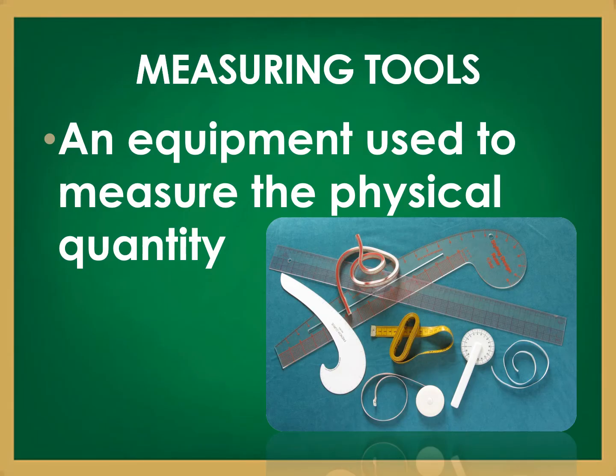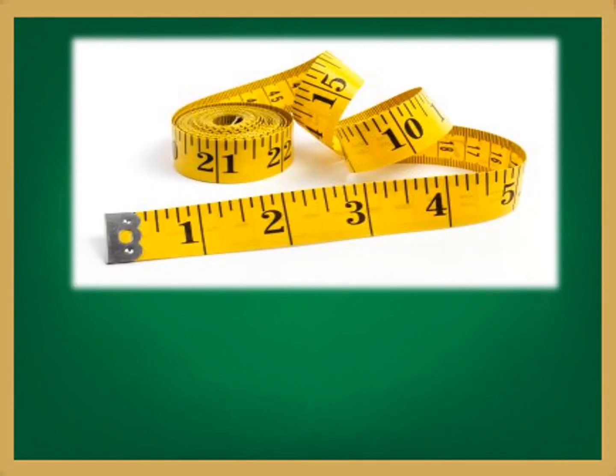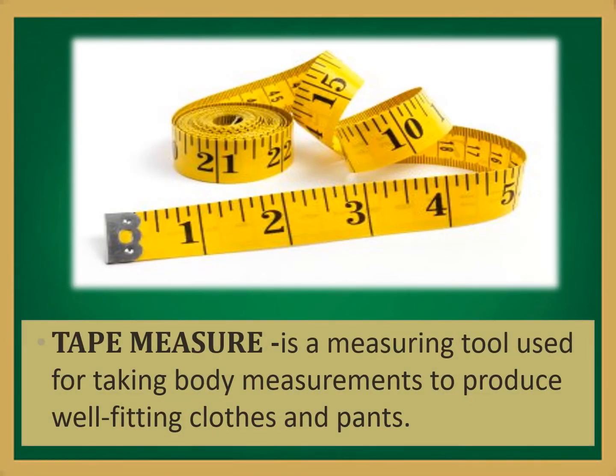First, we have here the measuring tools, equipment used to measure physical quantity. Tape measure is a measuring tool used for taking body measurements to produce well-fitting clothes and pants.